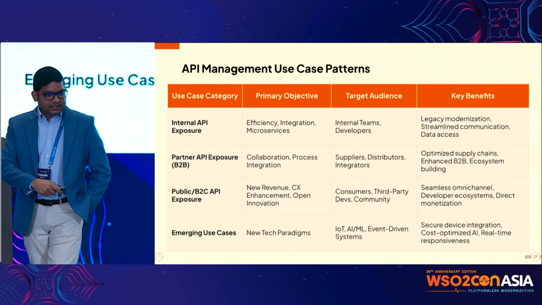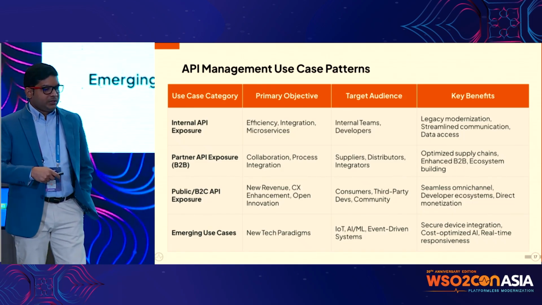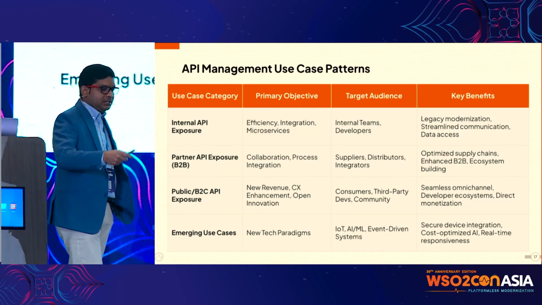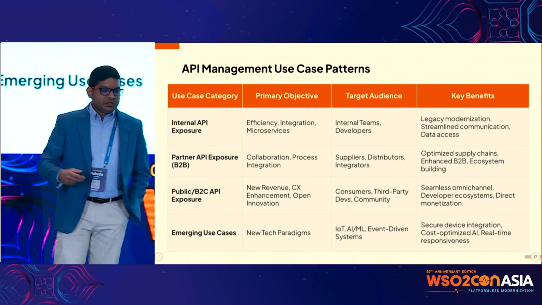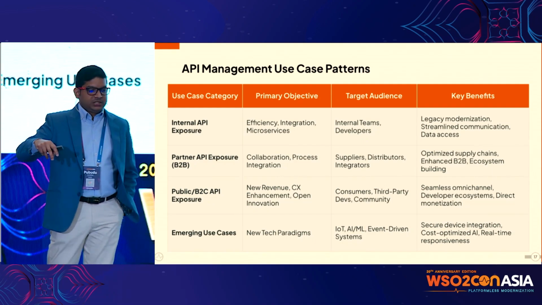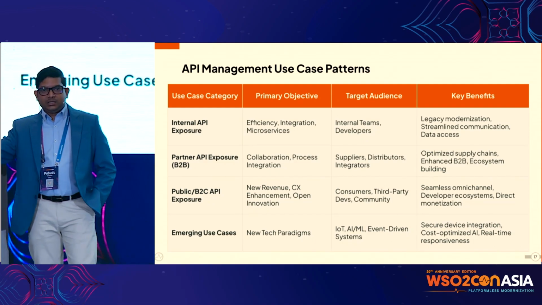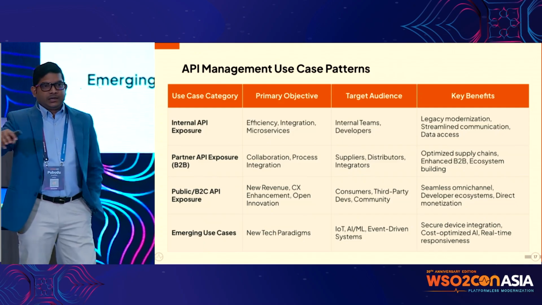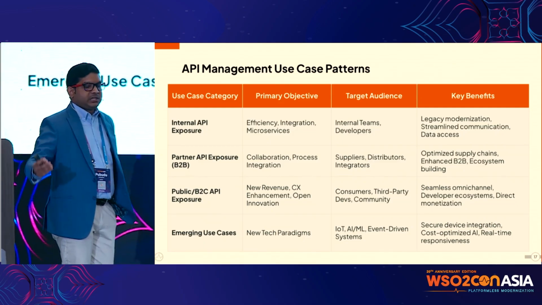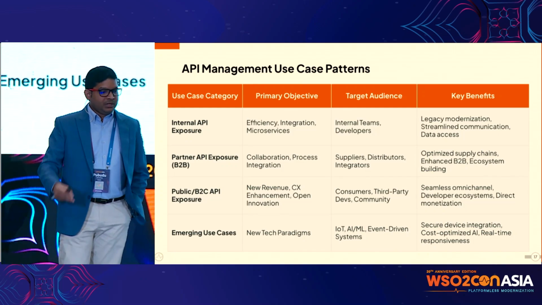The second part is about exposing your APIs for your partners, which is B2B. This is to build an ecosystem around your partners, around your entire domain, so that your partners and third-party suppliers can get involved.